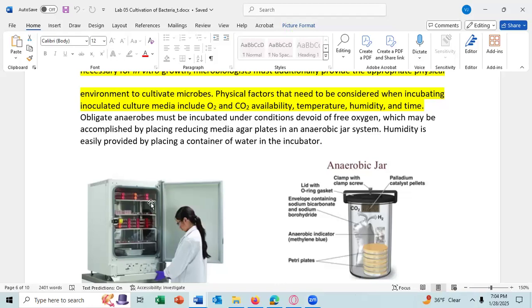And the incubator has a pan in it that we put water in, so it does supply humidity. That's important because if you don't have a pan of water providing humidity, the plates will dry out in about 3 days, and so you will only have growth for 3 days.